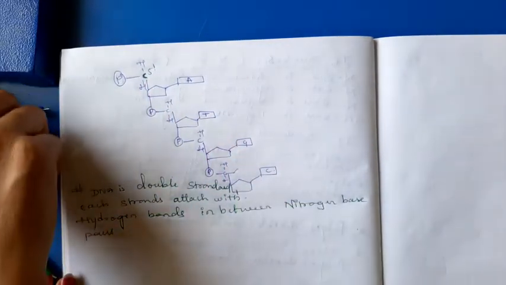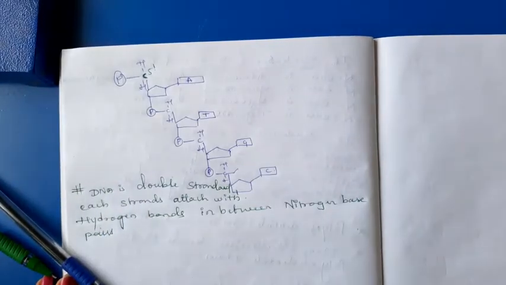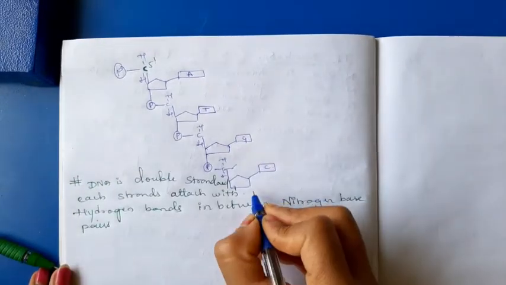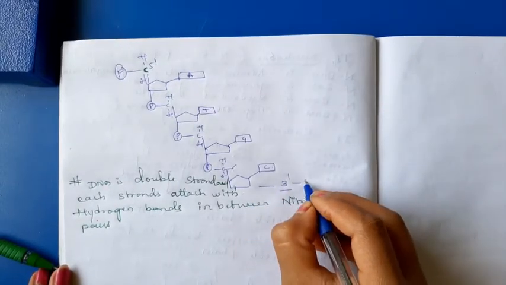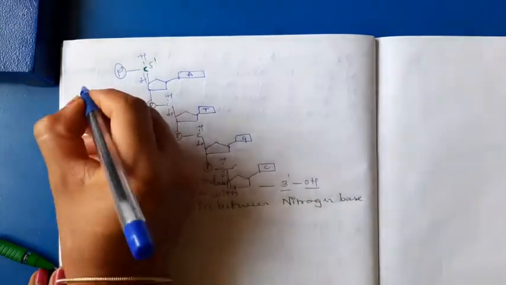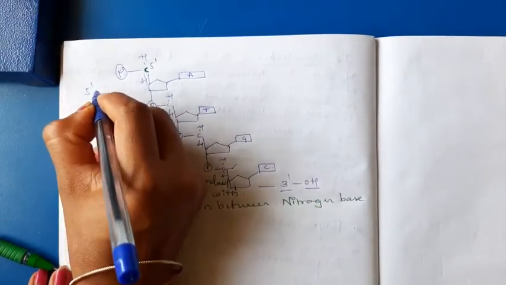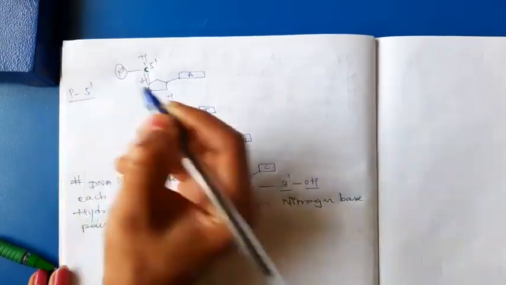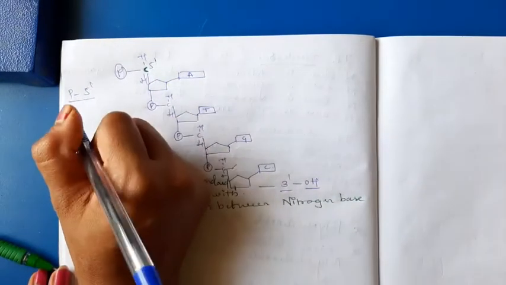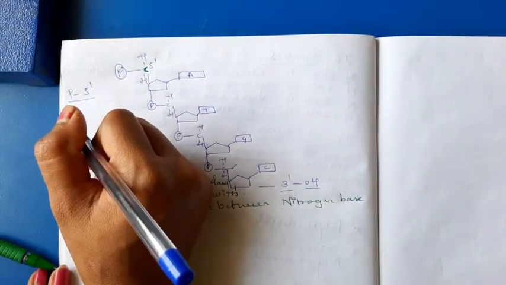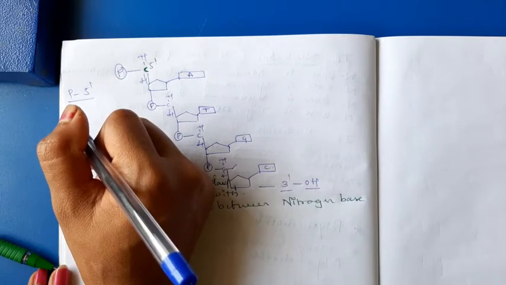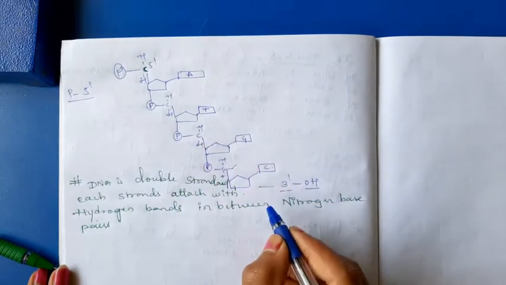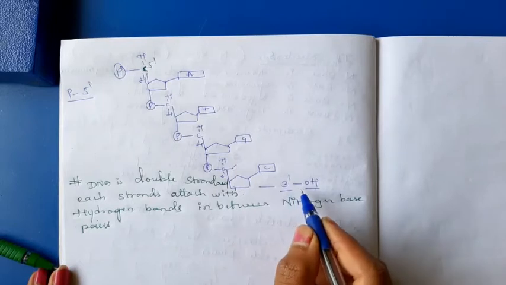The 3' end is with the OH and the 5' end is with the initial phosphate. Always the 5' end has the phosphate group and the 3' end is the OH group.